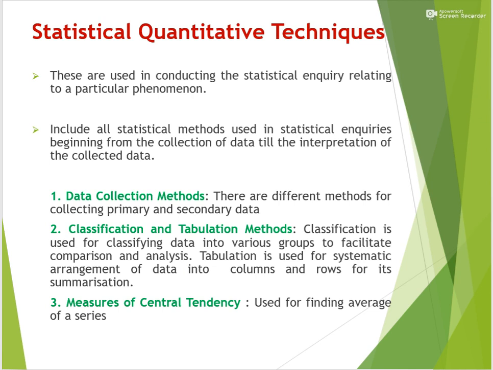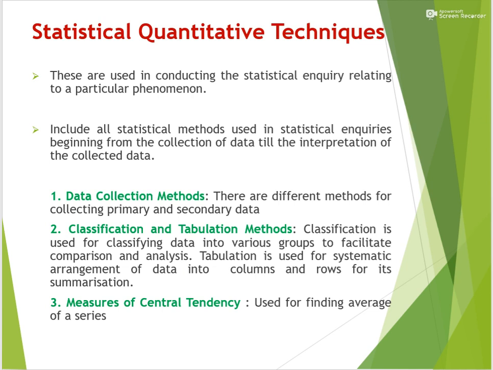Classification refers to classifying the data into various classes to facilitate comparison and analysis. But tabulation refers to systematic arrangement of data into columns and rows for its summarization. The next is measures of central tendency.